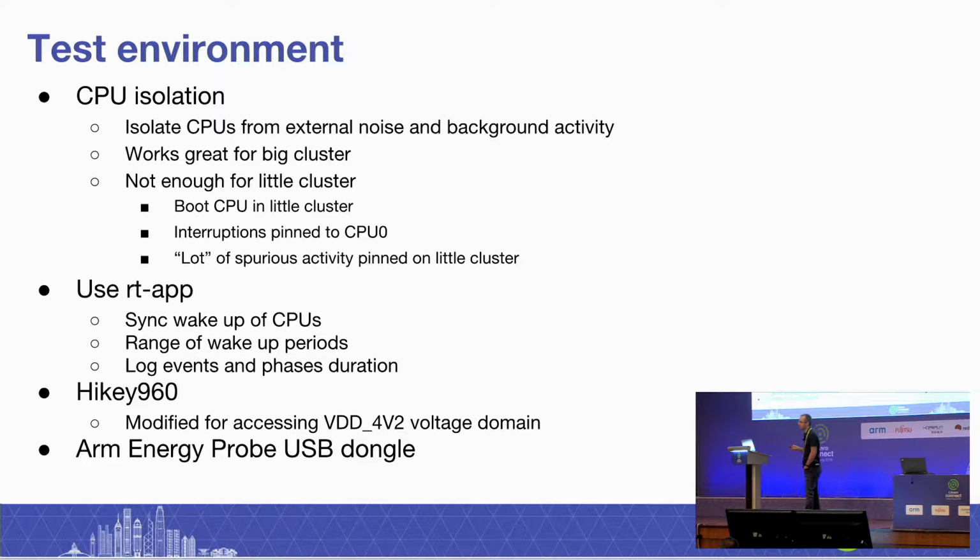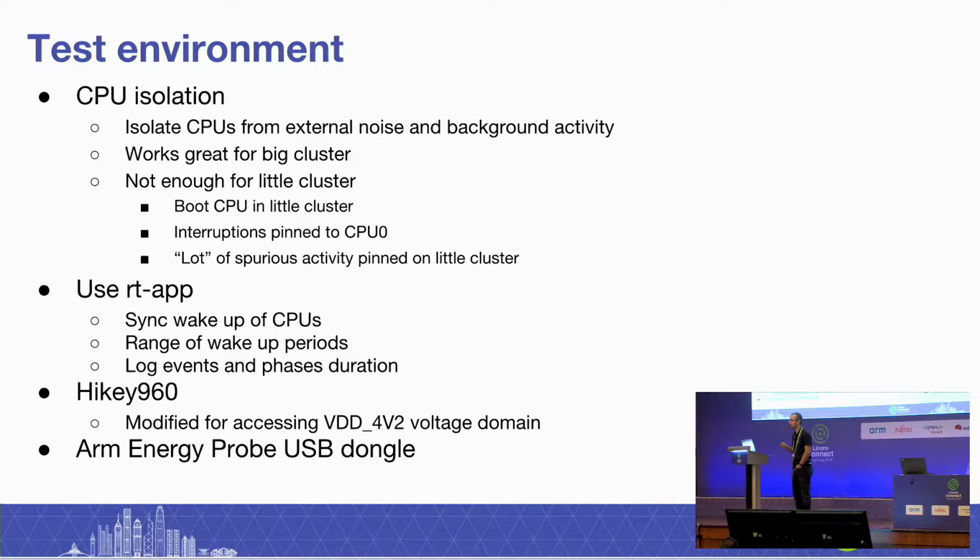So with the command line, where we put isolcpus CPU 4, 5, 6, and 7, there was no activity on the big cluster apart from what we were pinning on them. For the little cluster, it was not that great, mainly because the boot CPU is a little one.